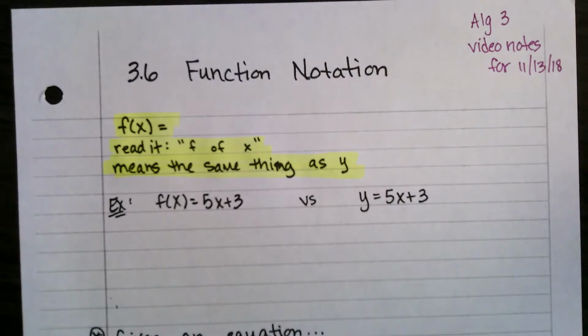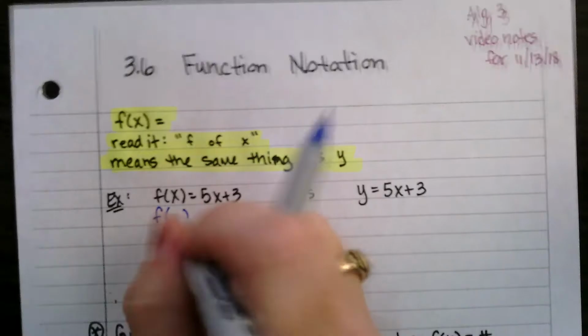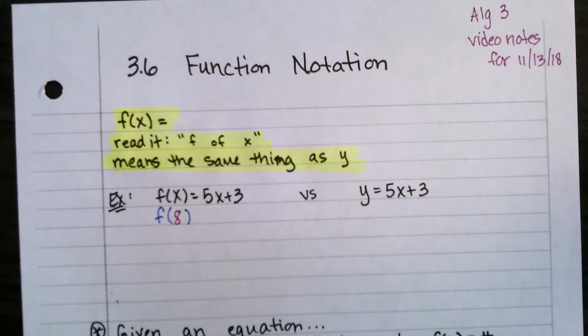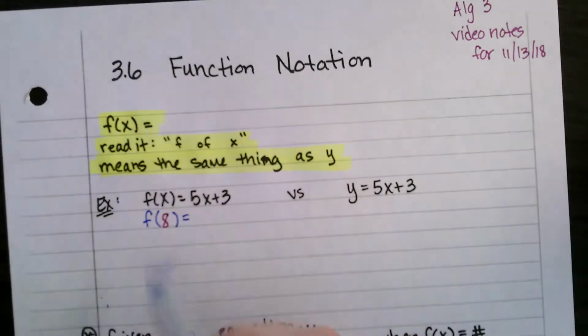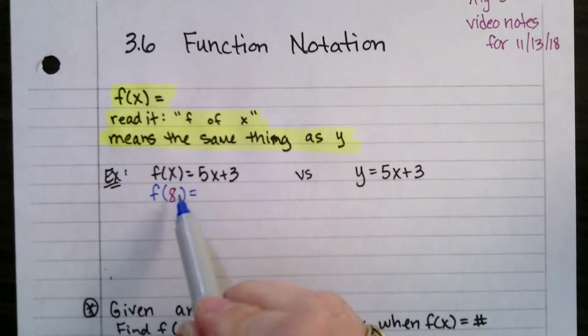But we can use it to get other information. So if I had f of 8 instead of f of x, what that means is that we're going to replace all of the x's with whatever number is in those parentheses.